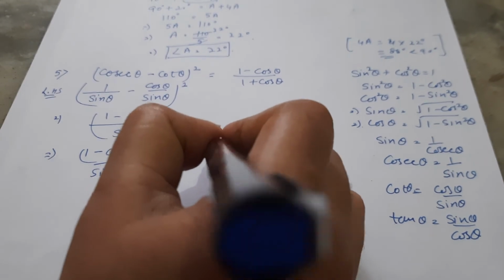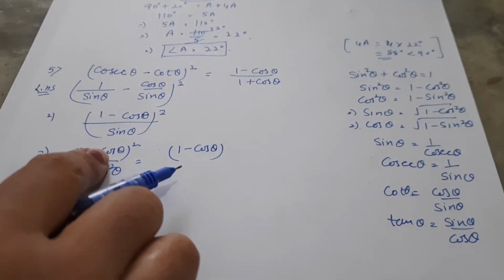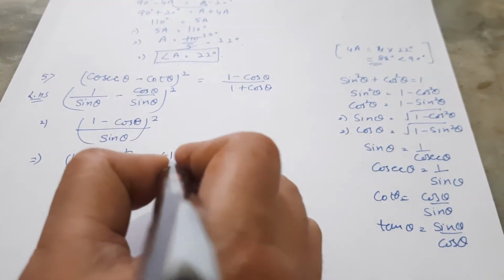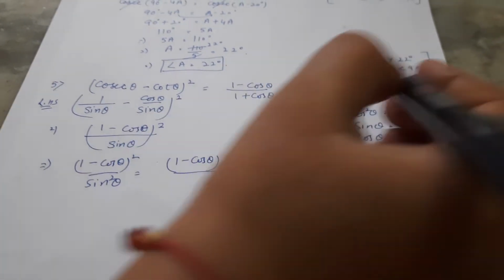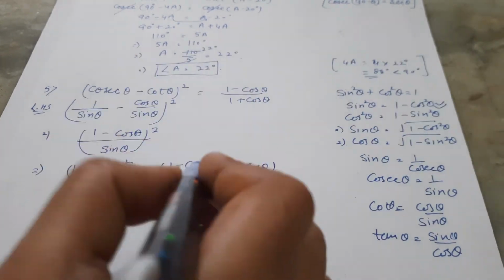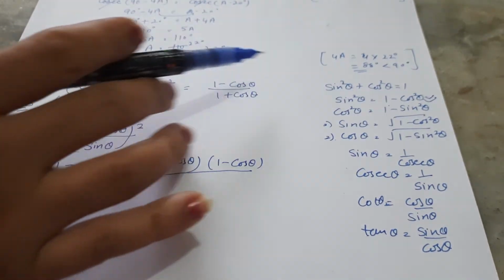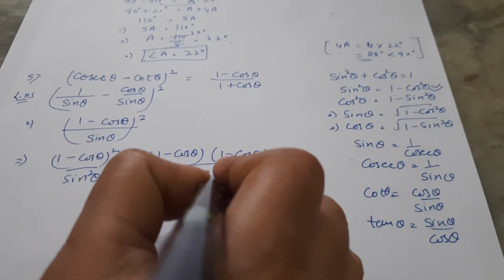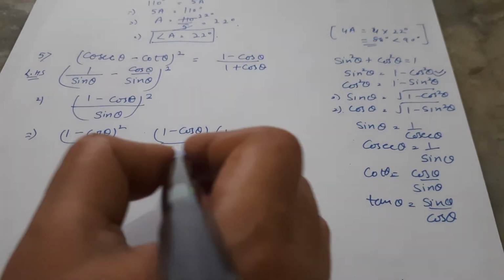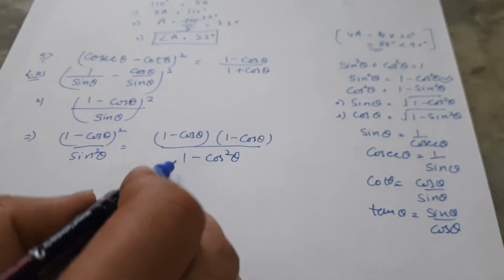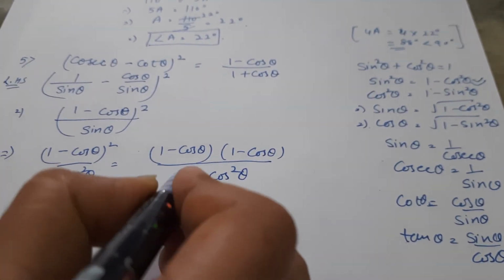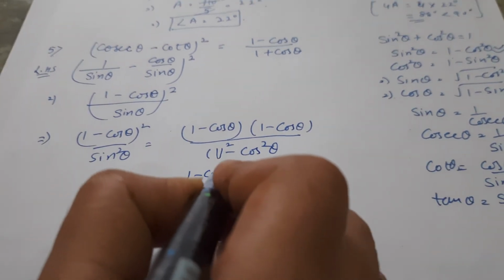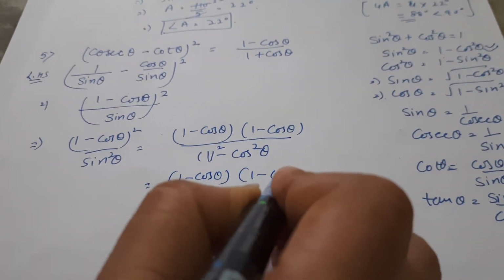Since it's a square, we can write it two times: 1 minus cos theta into 1 minus cos theta. For sin square theta, from the identity, we can use the value 1 minus cos square theta. One more thing we can do: because 1 square is always 1, I can write 1 square also. There will be no issue.